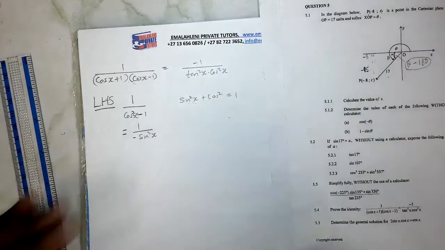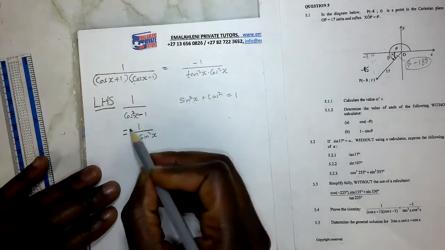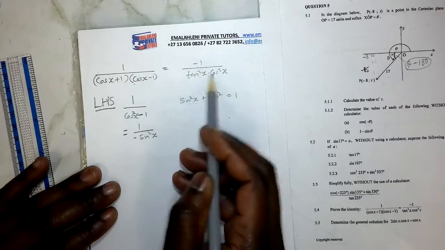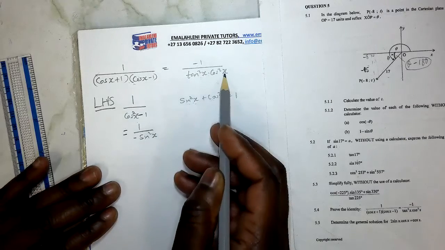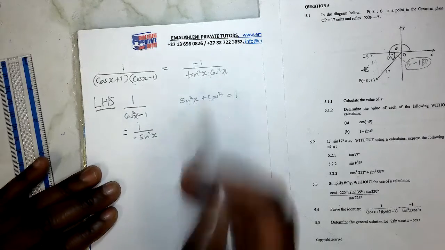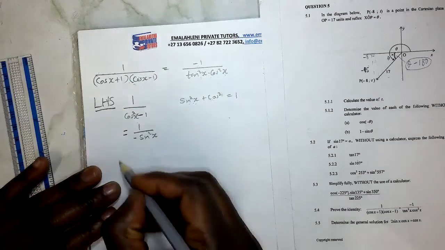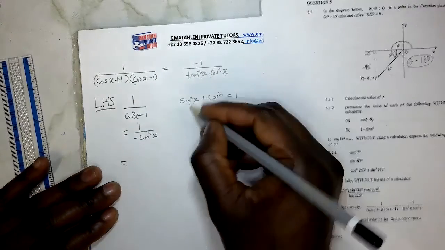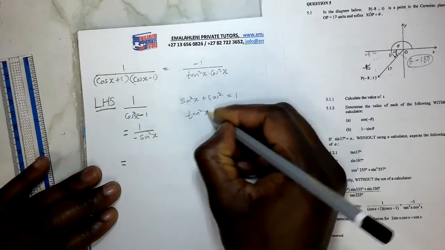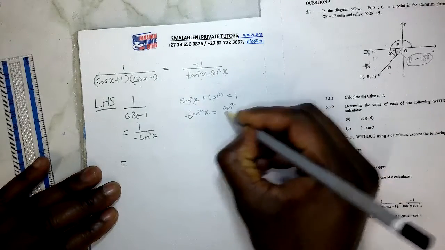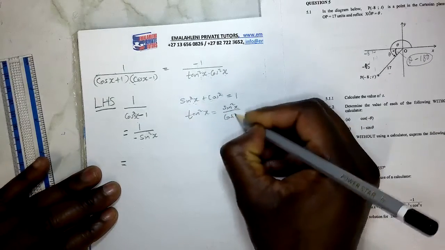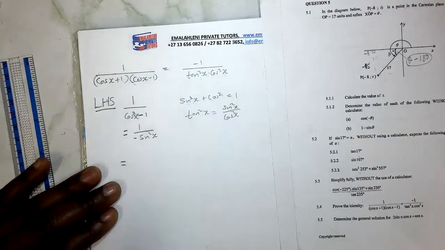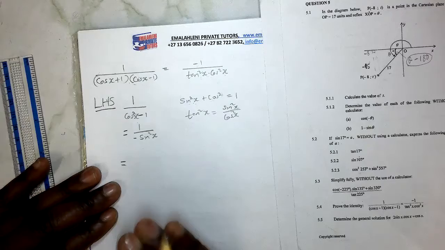Because you want to get to 1 over tan squared x times cos squared x, you have to check what to do here to get tan. We know that tan squared x is equal to sine squared x over cos squared x. That's the identity here. So you just need to come up with a plan. What should I do?